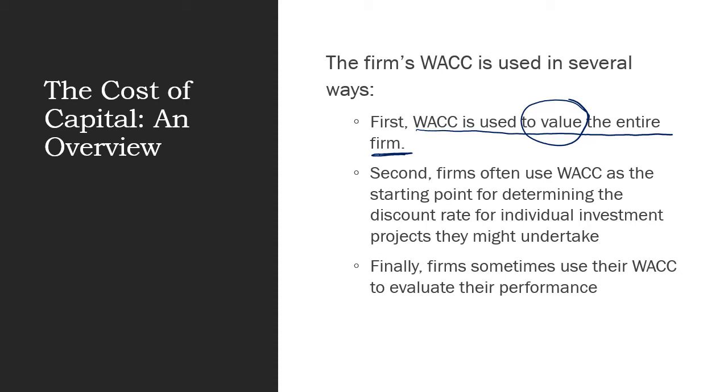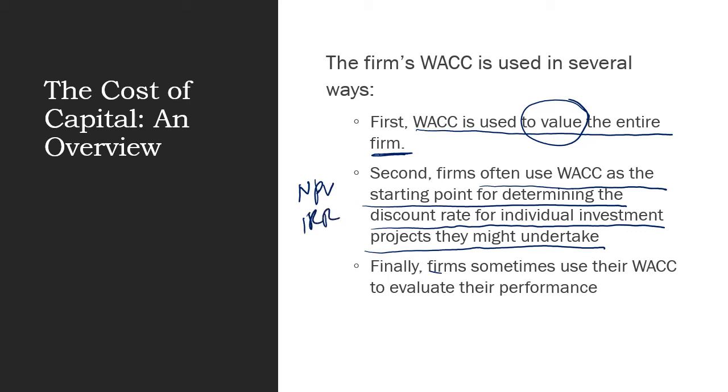Secondly, firms often use WACC as the starting point for determining the discount rate for individual investment projects they might undertake. If you remember the previous chapter under investment decision analysis, when we assess the capex decision of the company, we use NPV, IRR, and other methods of assessing capex decisions.